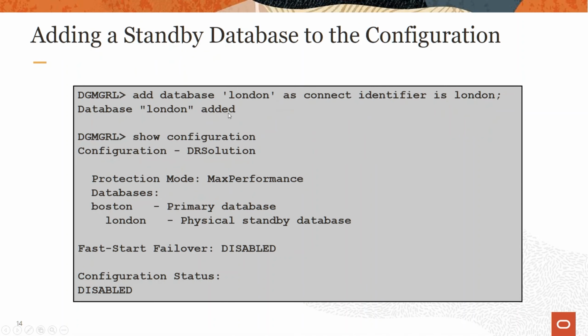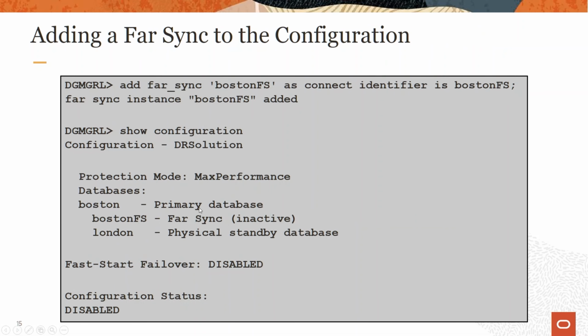And then you're going to add a London physical standby database. So you add the database, the connect identifier is London, and then show configuration. So you have a primary database and a London standby database. And then you can add a far sync instance, Boston far sync, where the connect identifier is Boston far sync, which is a net service name.